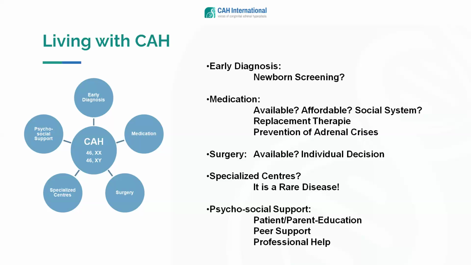We have a social system which helps us so much to get medication for the replacement therapy we need, the hydrocortisone and the fludrocortisone, and also all the medication you need for prevention of adrenal crisis. So we do have the emergency injections.